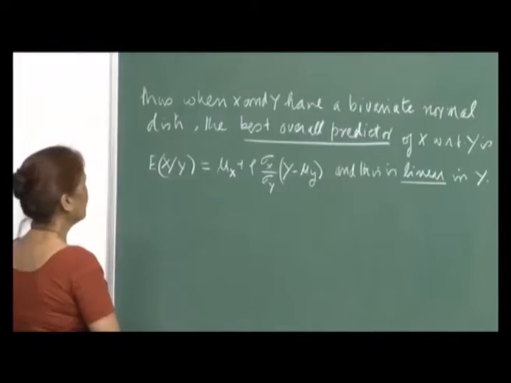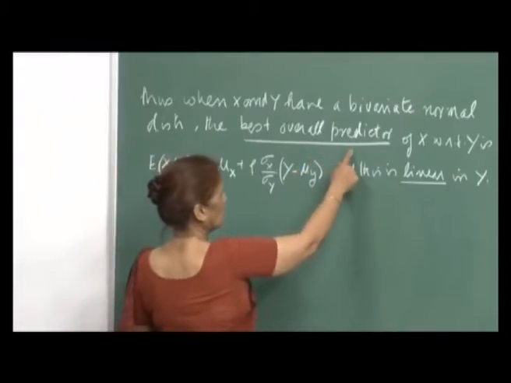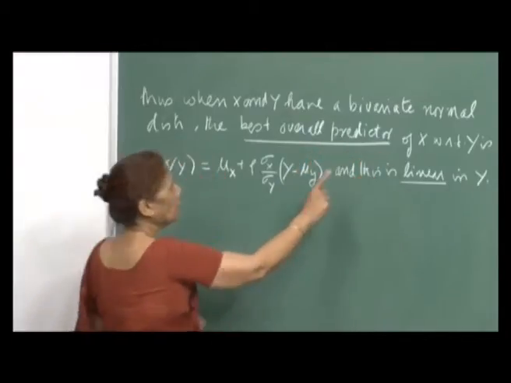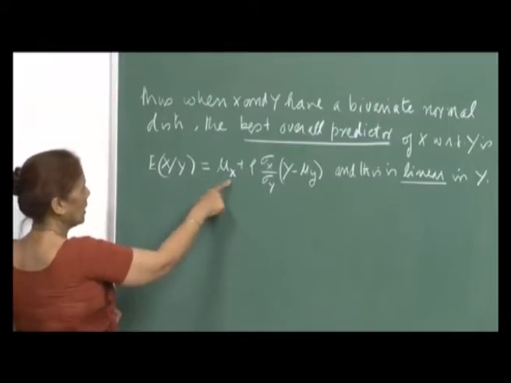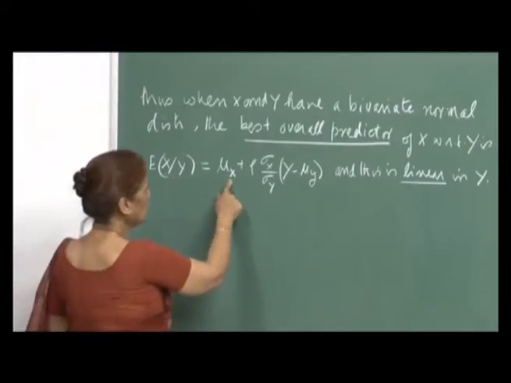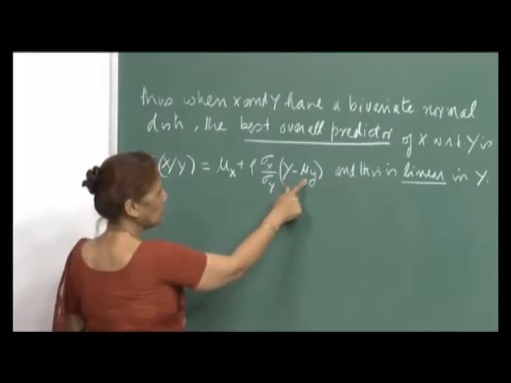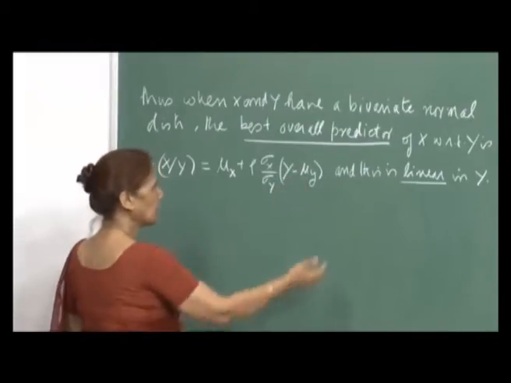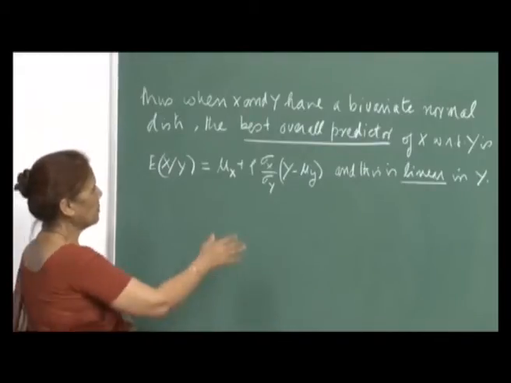So, what we have found is that when x and y have a bivariate normal distribution, the best overall predictor of x with respect to y, according to our proposition, turns out to be the expected value of x conditioned on y, which is mu x plus rho sigma x upon sigma y into capital Y minus mu y, and this turns out to be linear in y.